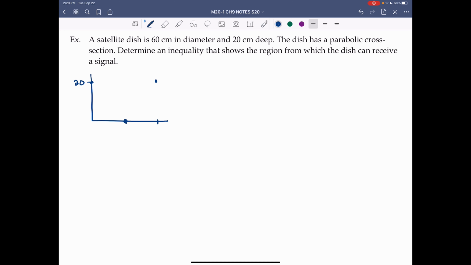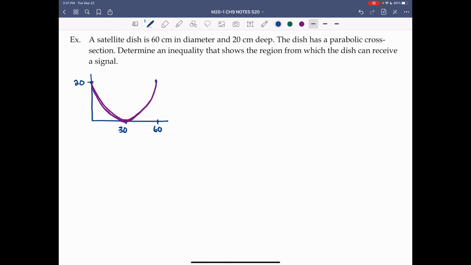So it would be our center. So we can draw our parabola, in this case, our satellite dish.